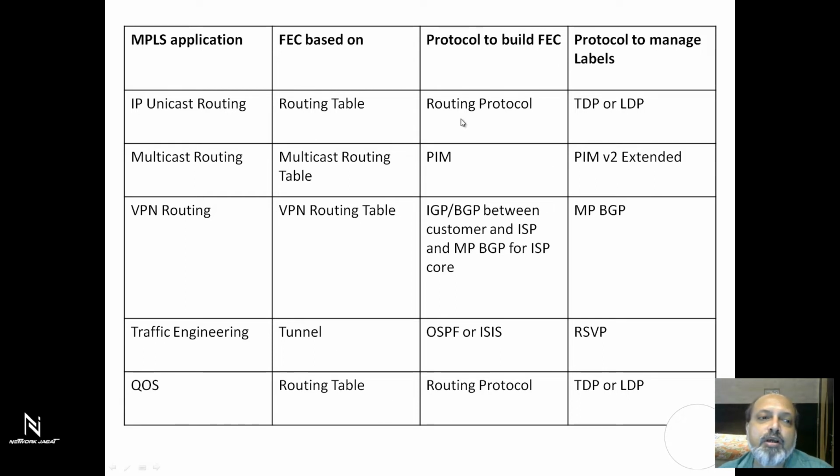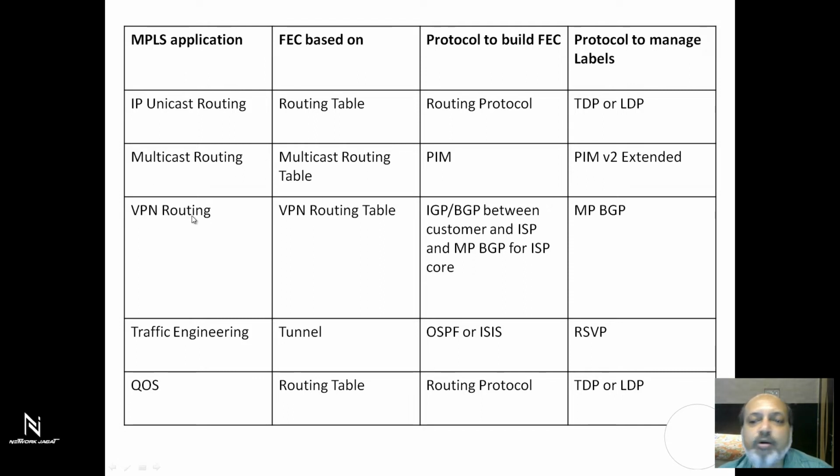Finally, what are the protocols that manage the different labels of MPLS? In case of unicast routing, it is TDP or LDP, coming to this very soon: tag distribution protocol or label distribution protocol. Then for multicast routing, it is PIM version 2 extended or protocol independent multicast.